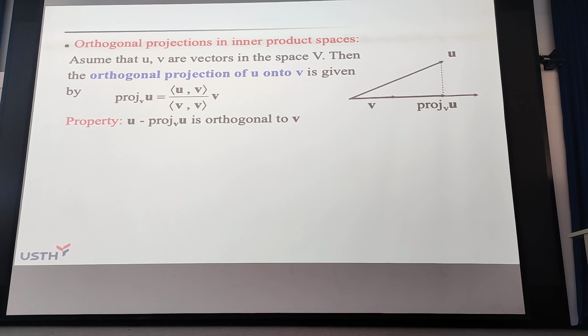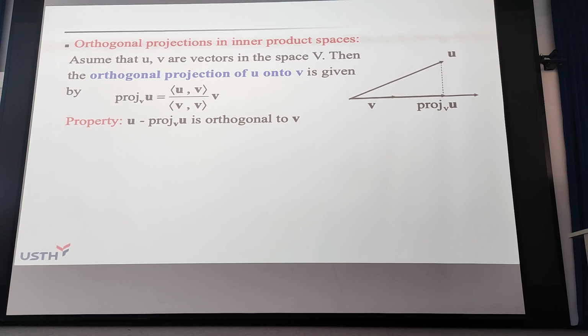So I am going to show you some more things about that one. The orthogonal projection. Now in inner product space, we know already if we are given two vectors U and V, two vectors inside the space V, the orthogonal projection of U on V will be given by that.